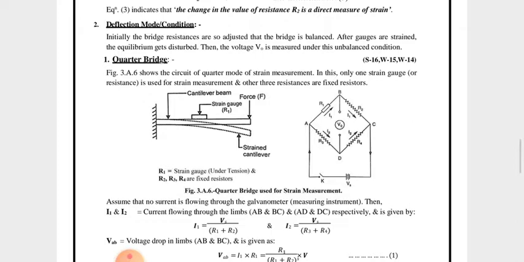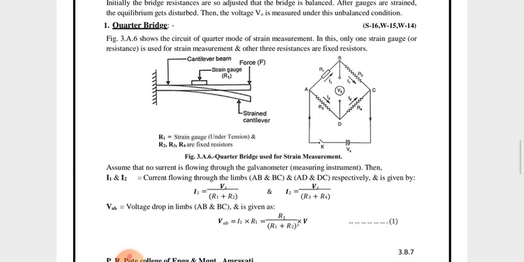Then I1 and I2 are the currents flowing through the upper limbs, that is AB and BC, and the lower limbs, that is AD and DC, respectively. So I1 equals Vs by R1 plus R2, and I2 equals Vs by R3 plus R4.